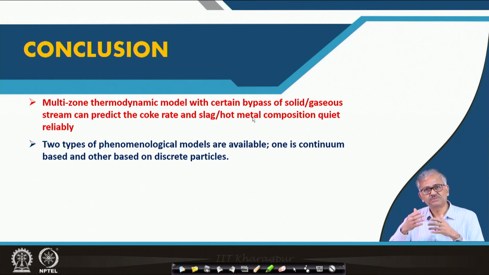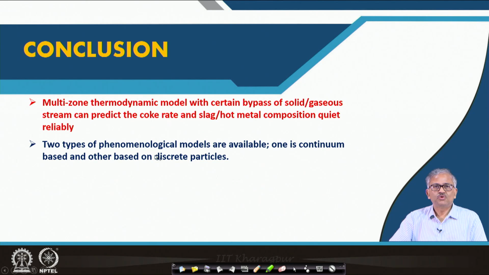As I showed you, some kind of gas bypass was taken to make it more realistic. With that assumption, the slag and hot metal composition prediction is quite good, and the coke rate prediction is also quite good and matches with the RIST model also.